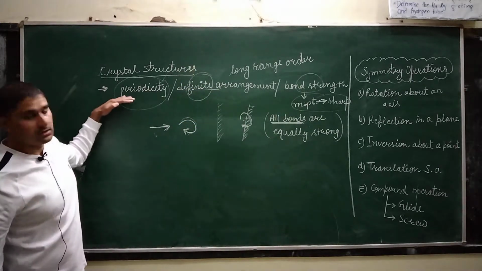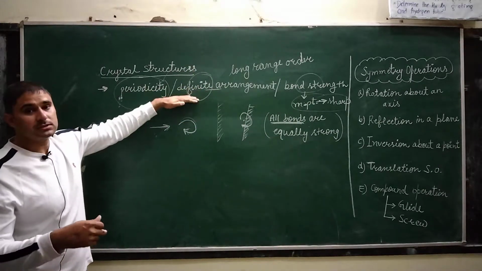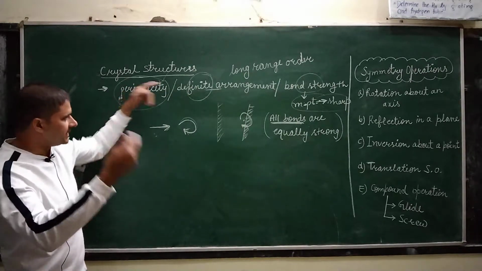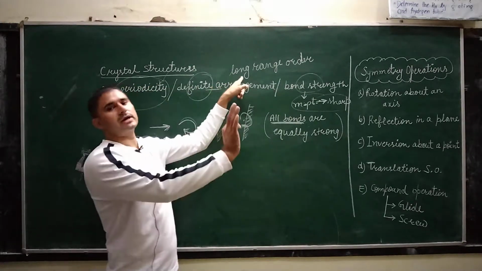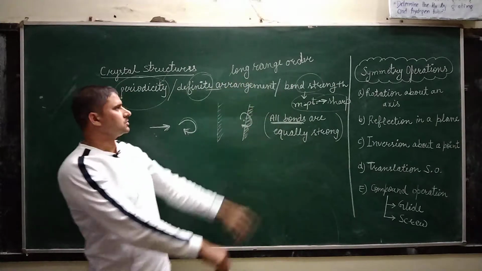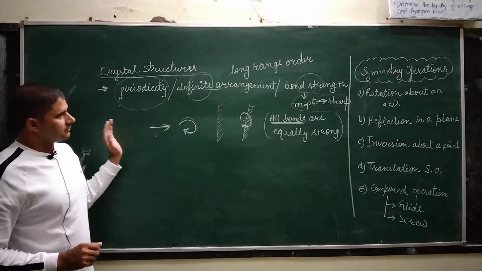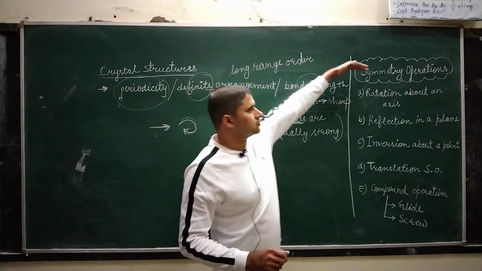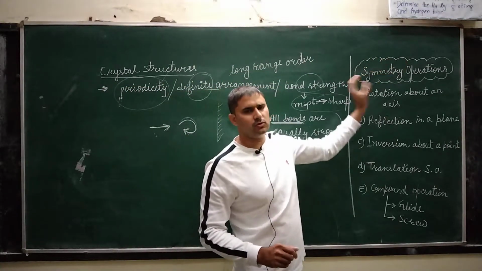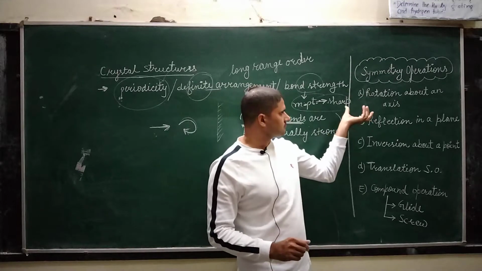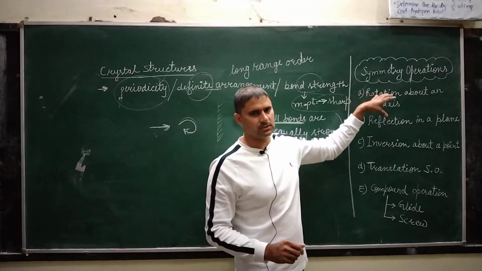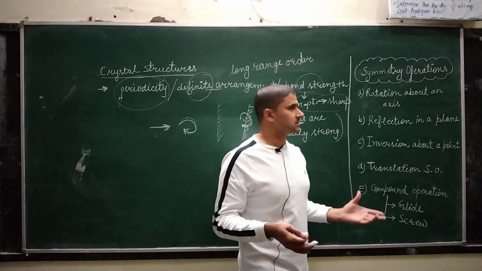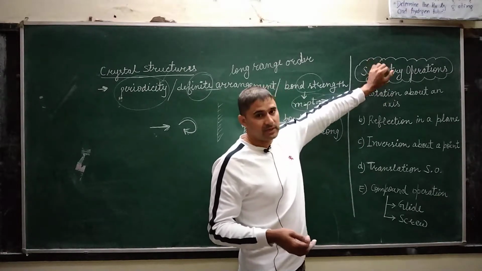First, the arrangement is definite, then the arrangement is periodic, and then it is of long range. Class, this whole combination gives rise to symmetry operation. If you apply any kind of operation, then the crystal repeats itself.